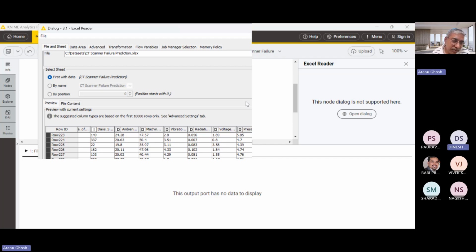Domain expert. Domain expert, the engineer. In this case, the core engineering team, the core design team, who knows the machine, they have to identify.